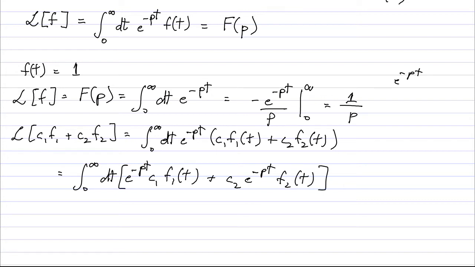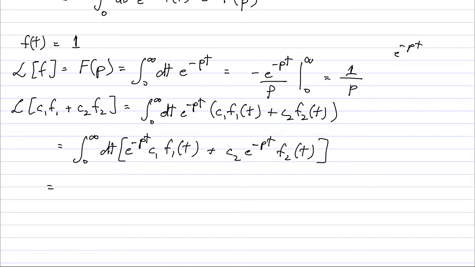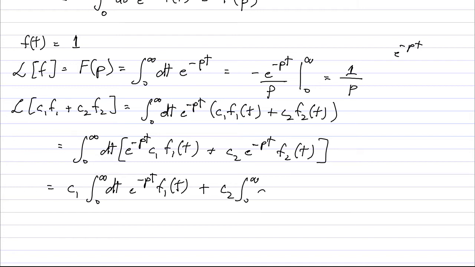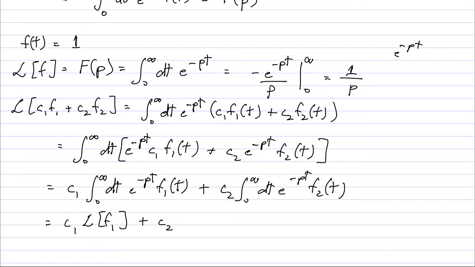And then you can chop up this integral into two integrals and bring out the constants c1 and c2. So you have c1 times the integral of e raised to power minus pt f1 t plus c2 times the integral of e raised to power minus pt f2 t. And this, of course, is c1 times the Laplace transform of f1 plus c2 times the Laplace transform of f2. That's what I meant when I said the Laplace transform is linear.